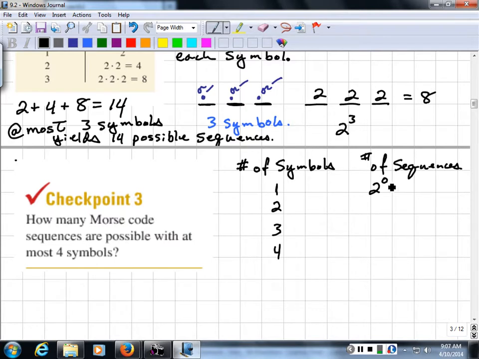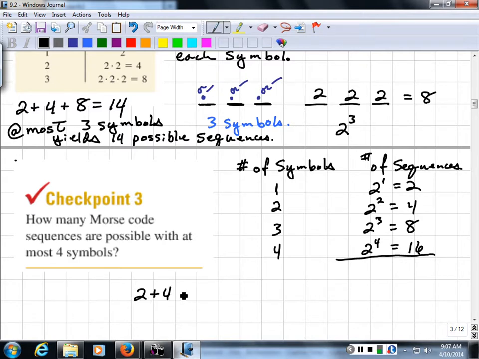So this is 2 to the 1st power, which is 2, 2 to the 2nd power, which is 4, 2 to the 3rd power, which is 8, and 2 to the 4th power, which is 16. And then I'm going to add these up and get 30. So 2 plus 4 plus 8 plus 16 is equal to 30. And that is your total number of possible sequences.